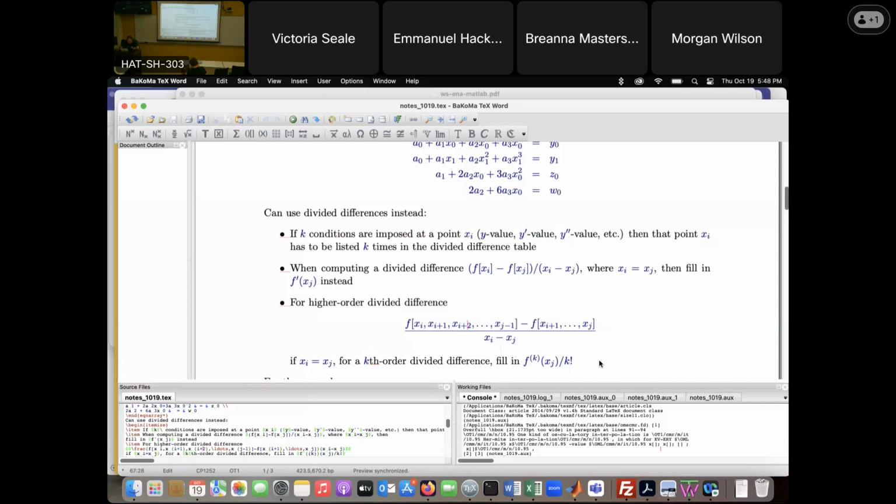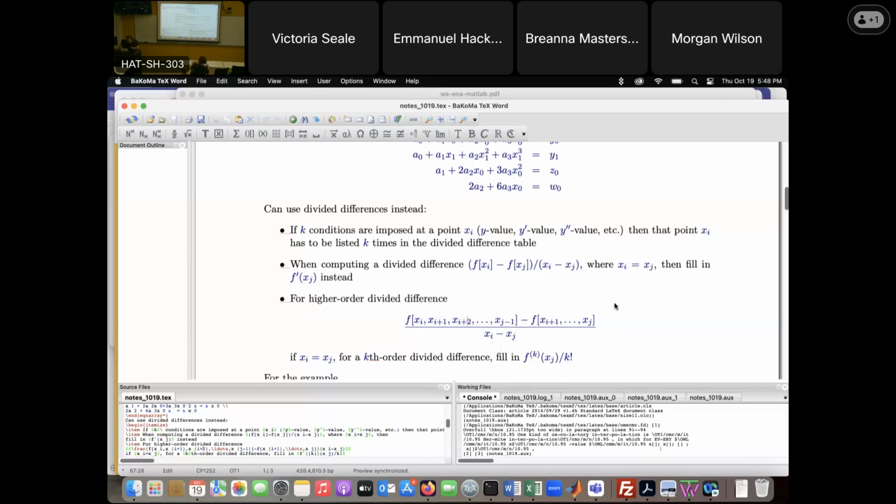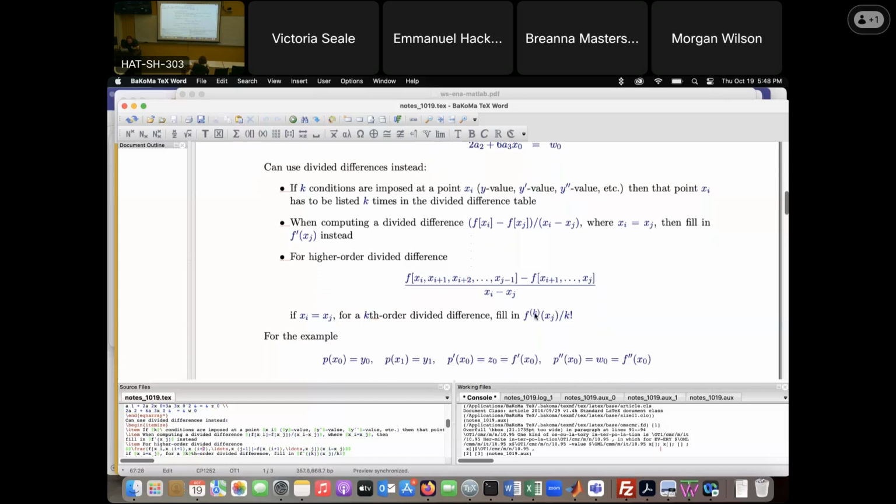We're going to see examples of this, but I'm just giving you the basics of how you complete the divided difference table. So I'll show you how it's done for this example right here that I was giving earlier.